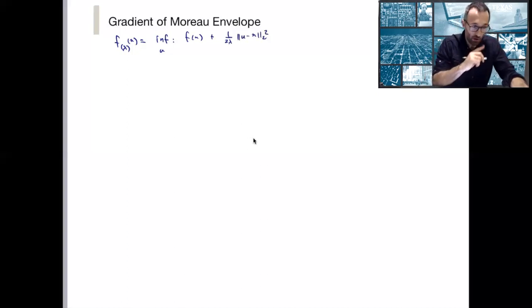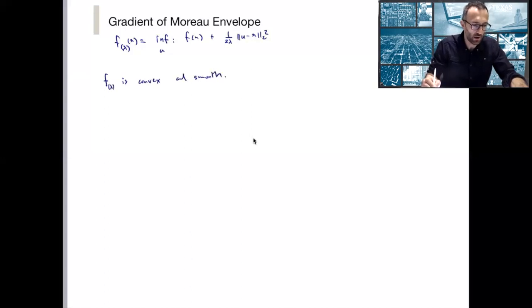What do we know so far about it? First of all, we're assuming throughout that f is convex, so we're starting out with a convex function. So we know, as we just saw, that f lambda is convex because f is, and smooth.